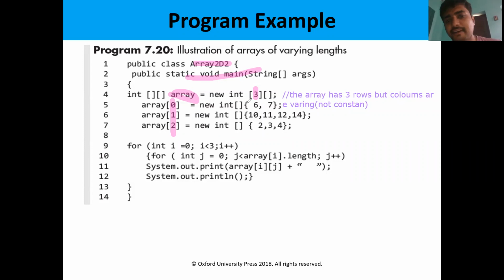We assign the values by using the new operator and data type. The first index value is constant; in the next index value we fill the column values. First row values 0, 6, 7. Next row values 10, 11, 12, 14. Next row values 2, 3, 4.